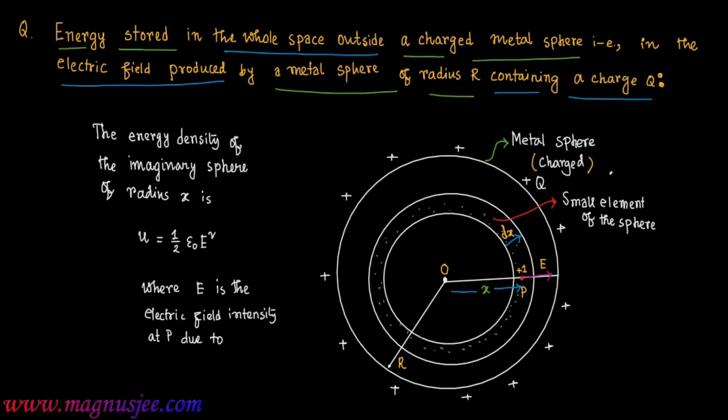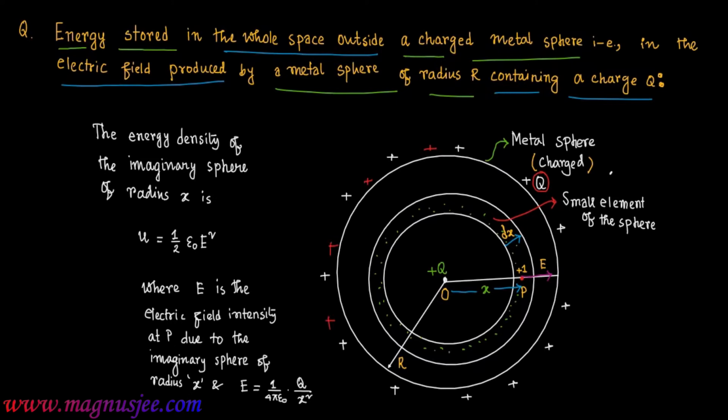At the point P, in the elementary portion of the imaginary sphere, due to this sphere of radius x, E equals 1/4 pi epsilon 0 q by x square, where q is the charge given to the metal sphere.